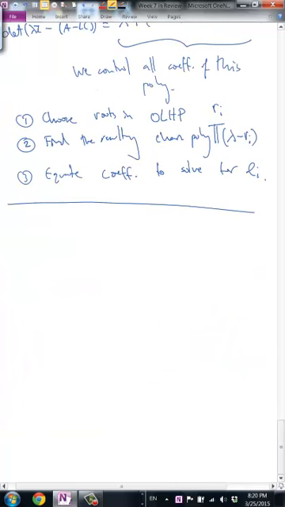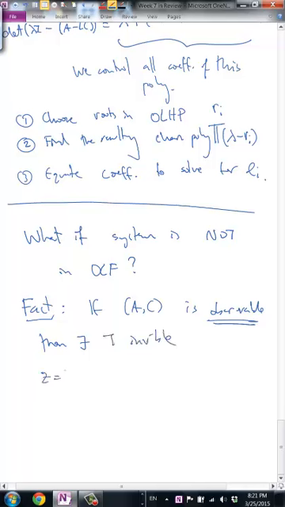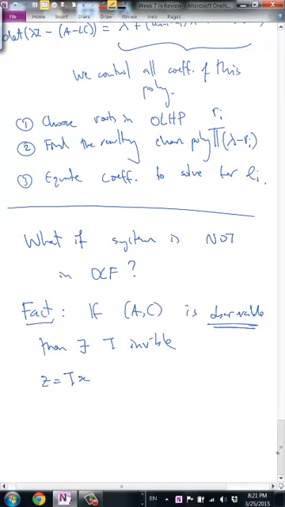Now the final thing we have to do is, what if a system is not in observer canonical form? Well, we showed this fact in class, that if this pair A and C is observable, then there exists an invertible matrix T such that if we do the change of coordinates z equals Tx, and we look at the dynamics in z, which means z dot will be TAT inverse z plus TB times u, and y is equal to C times x, which is equal to C T inverse z.